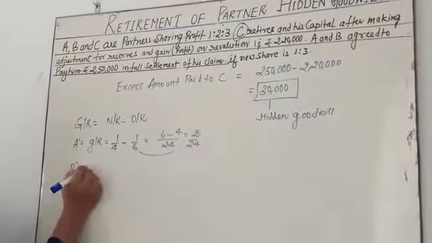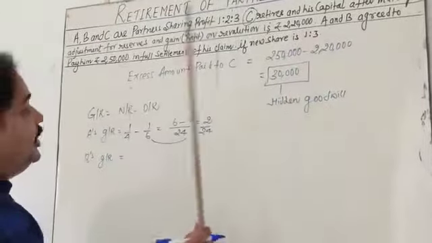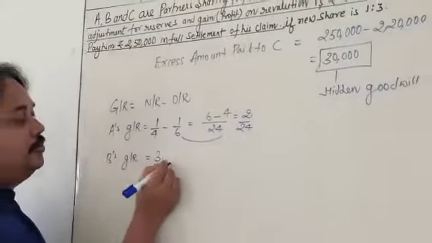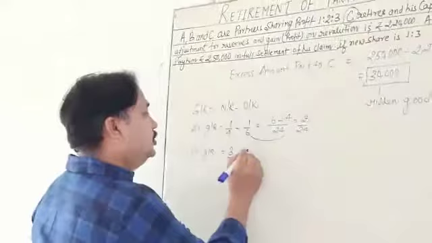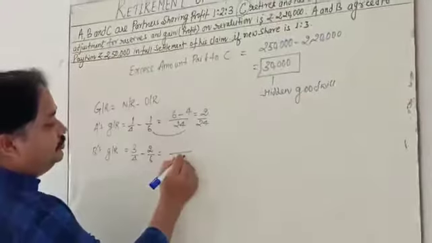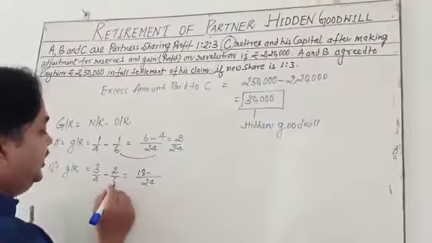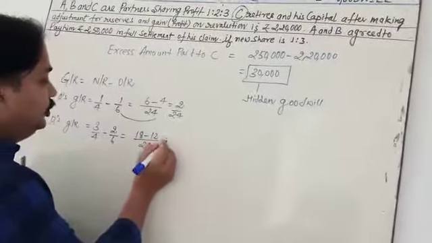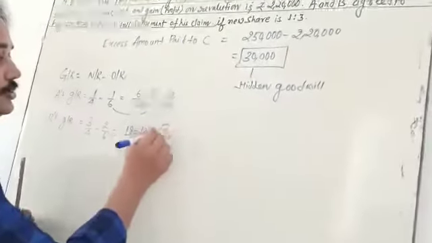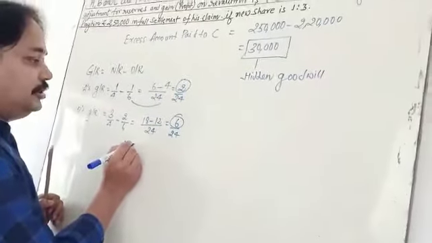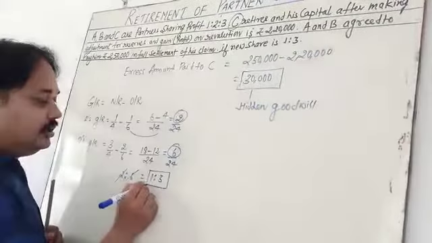The new ratio of B is 3/4, minus the old ratio of B, which is 2/6. Taking the LCM of 24: 24 divided by 4 is 6, times 3 is 18, minus 24 divided by 6 is 4, times 2 is 8. That gives 18 minus 8... so the gaining ratio of B is 6/24, and you cut it down to the gaining ratio 1:3.